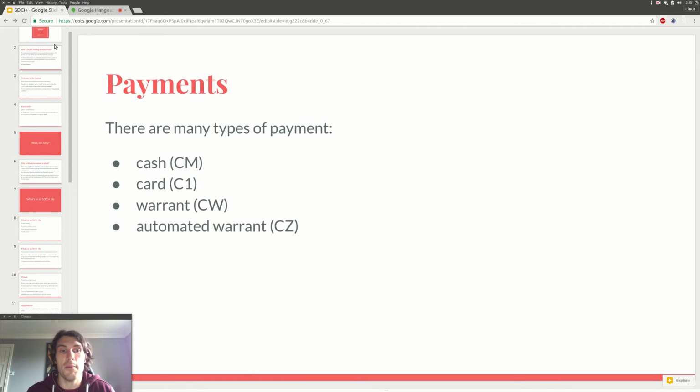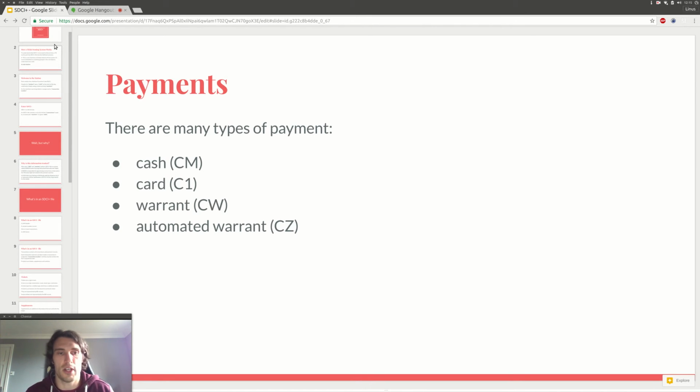In terms of payment, there are many types of payment, more than I thought possible, but the main ones you'll see are cash, card, warrants, automated warrants, and those sorts of things. Warrants and automated warrants is a bit of a tricky one, but a warrant used to be something that you would be given down the station.